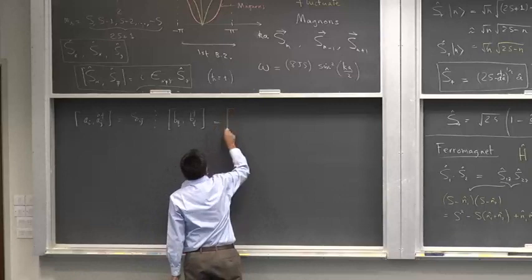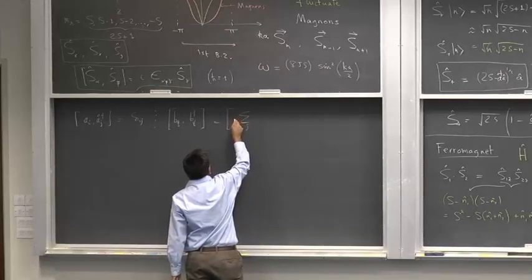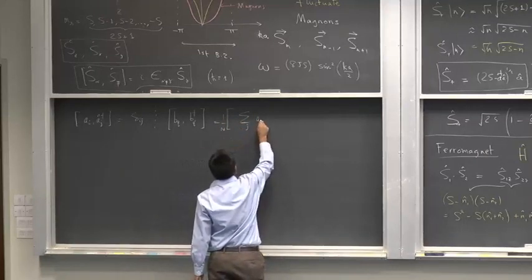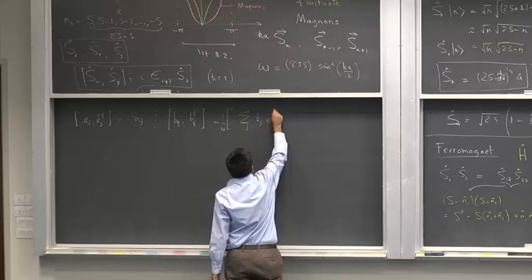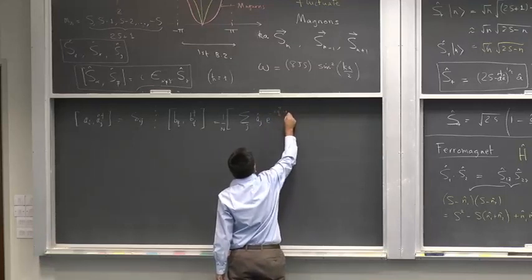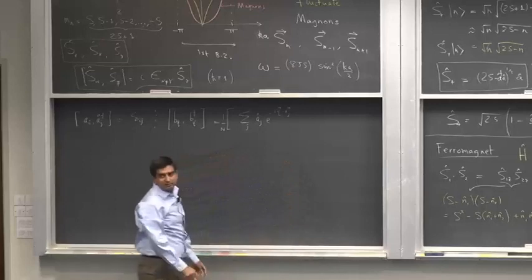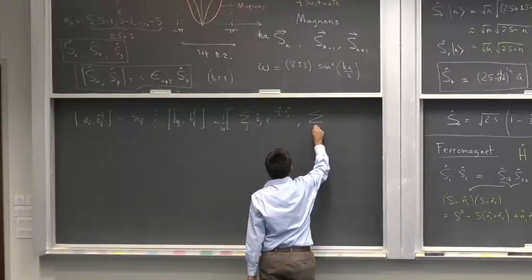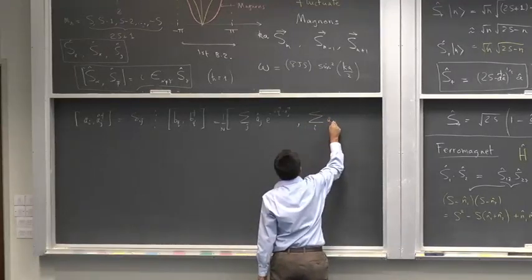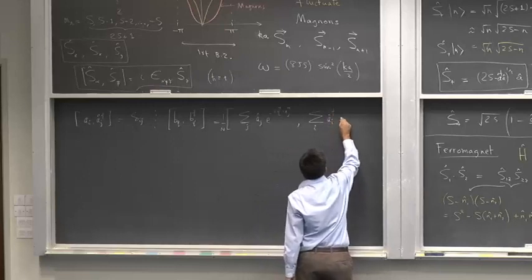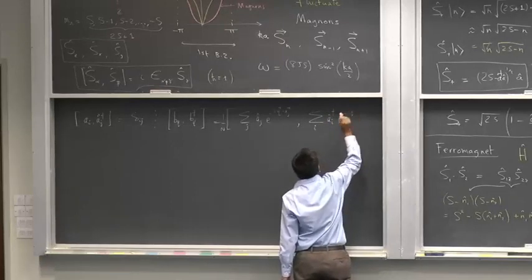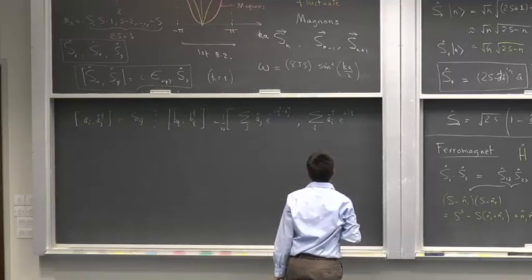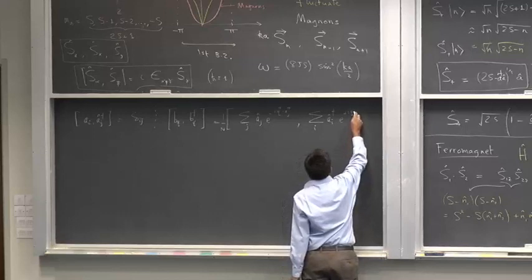This is sum over j, 1 over square root n, 1 over square root n, 1 over n, sum over j, a_j e to the minus i q r_j, right? Sum over i, a_i dagger e to the plus i q r_i.